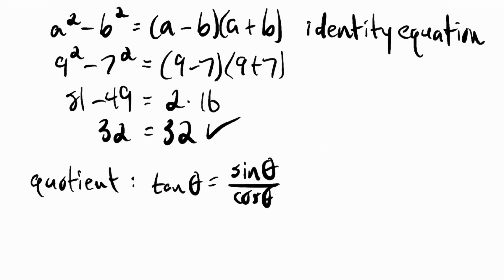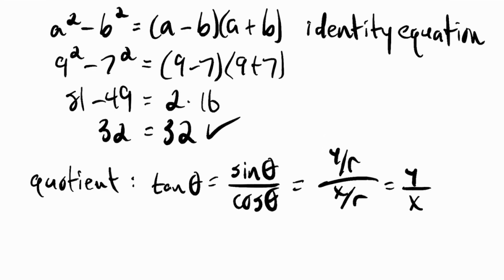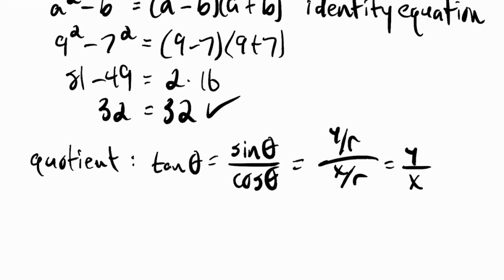Think about y over r over x over r, and that reduces to y over x. So sure enough, tangent being defined as y over x is equivalent to sine theta over cosine theta. Cotangent is cosine theta over sine theta.